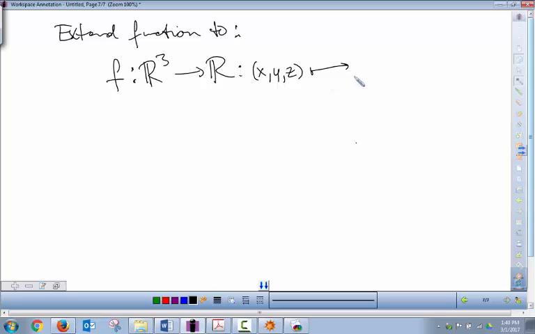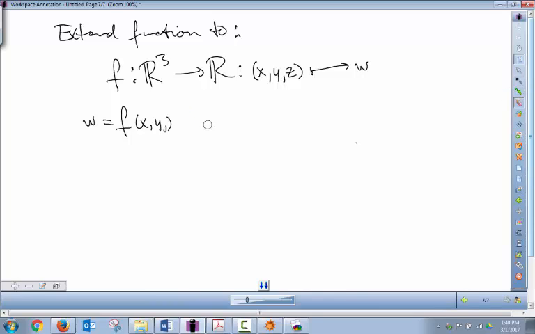We're at the end of the alphabet here, so W. So what we're saying is that W is equal to f of x, y, z is a function that takes in three numbers, three variables, and it outputs a single number.